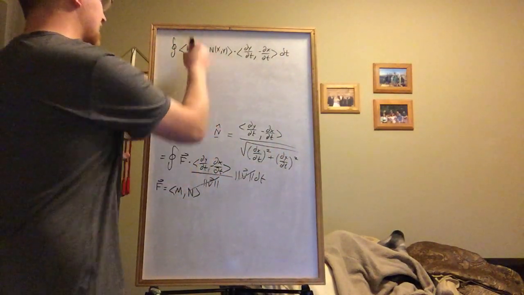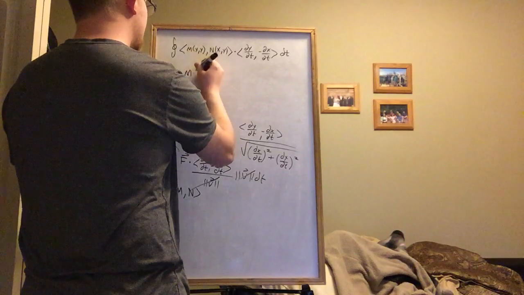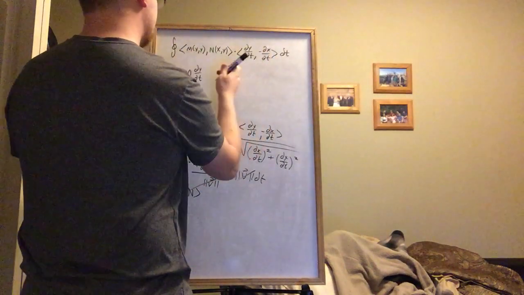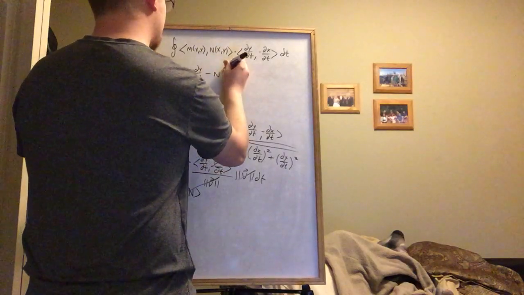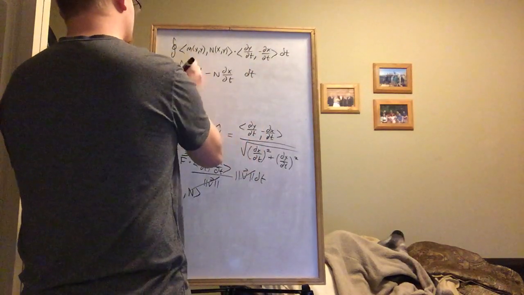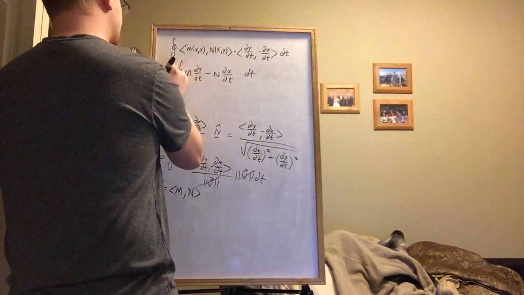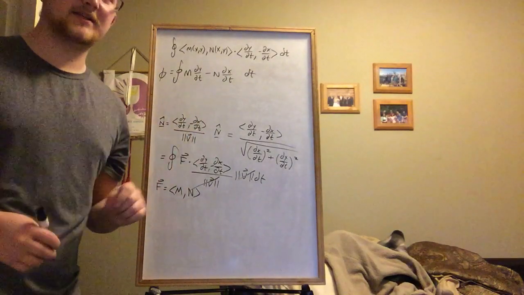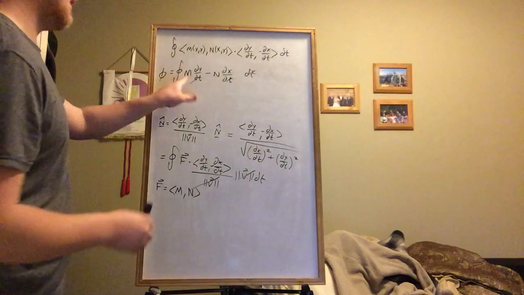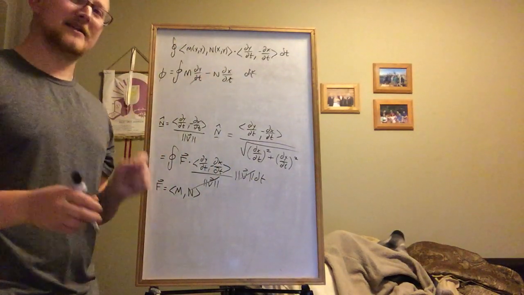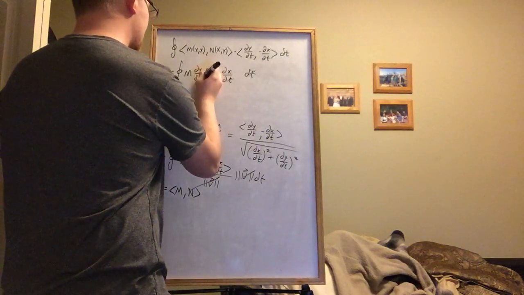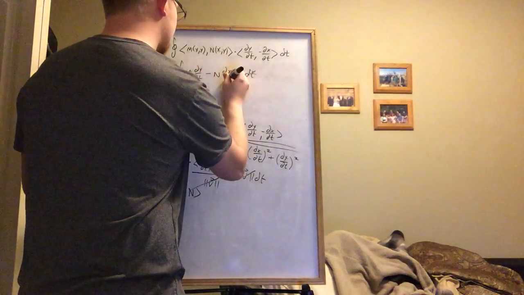So let's go ahead and distribute here, and we'll find that M times dy/dt, plus those two multiplied, which is minus N dx/dt, dt. This is our flux integral, and this is one of the ways you may see it. You'll notice that the dt's can cancel, leaving you with M dy minus N dx, and it's written that way in books. But it's important that we keep it in this form for when we actually want to work with time.